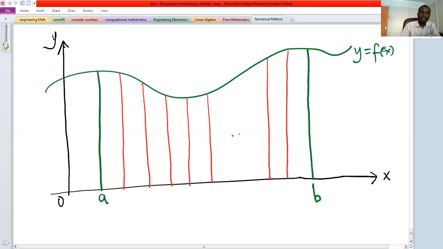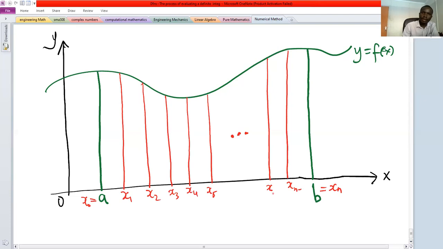This pattern continues. So this is what we call x naught, and this is what we call xn. This is x1, x2, x3, x4, x5, xn minus 1, xn minus 2.